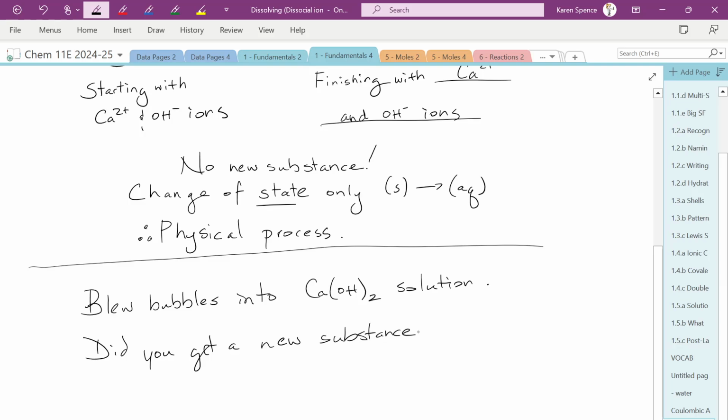And if you did, how could you tell? Yeah? There was a formation of a new solid, right? It was not cloudy and now it is cloudy. We did not have a solid, now we have a solid, okay?